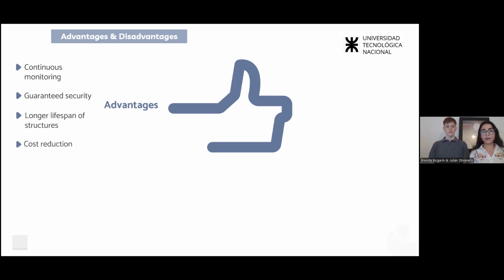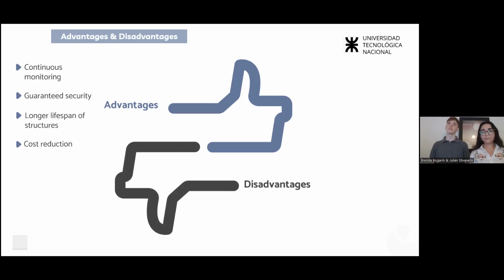Another important advantage has to do with the reduction of long-term cost associated with the structural maintenance. As for the disadvantages, one of the most important is the high initial cost of installing the system. Another one is that the sensors can be damaged by environmental factors such as wind speed, heavy rain, or drastic temperature changes.